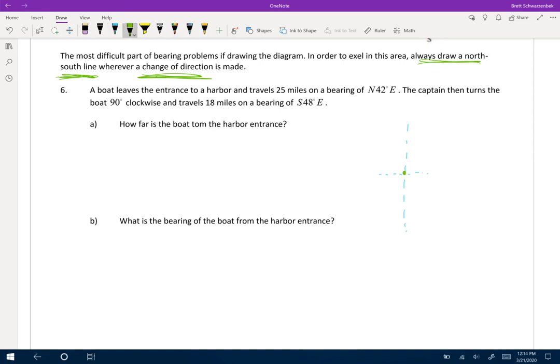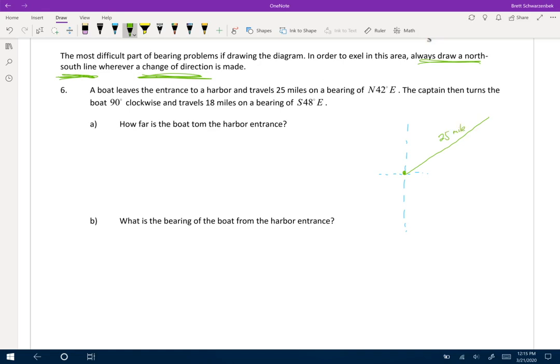So if we're going north 42 degrees east, that means we're clearly going in this direction, northeast, and it says we're going 25 miles.